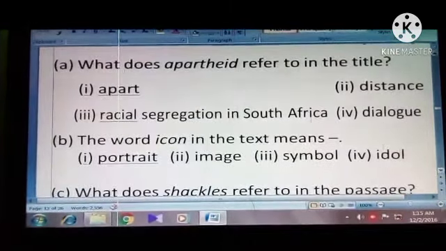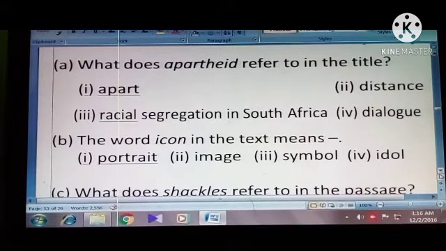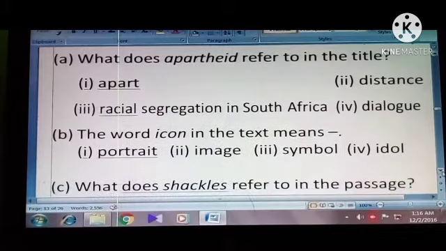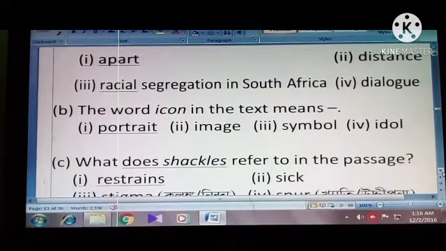So here the correct answer is number 3, racial segregation in South Africa. The word icon in the text means portrait, image, symbol, idol. Can you guess what the correct answer can be?